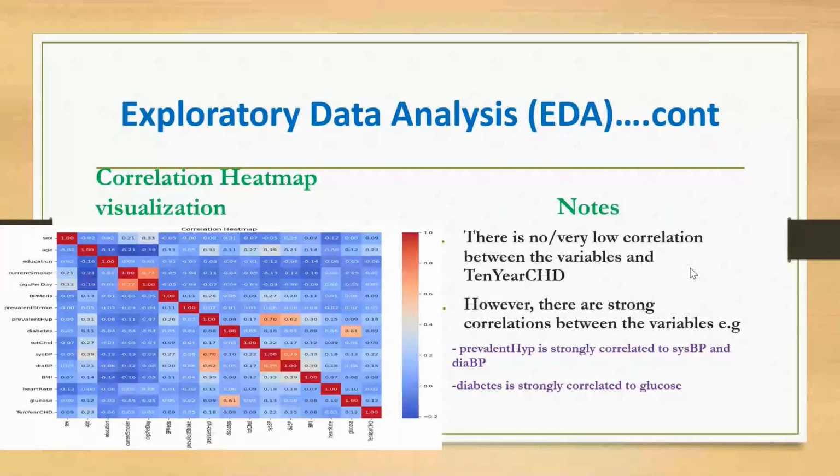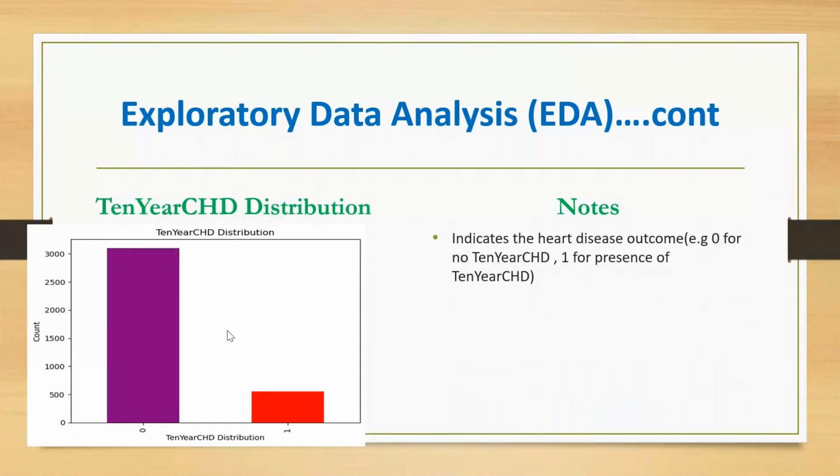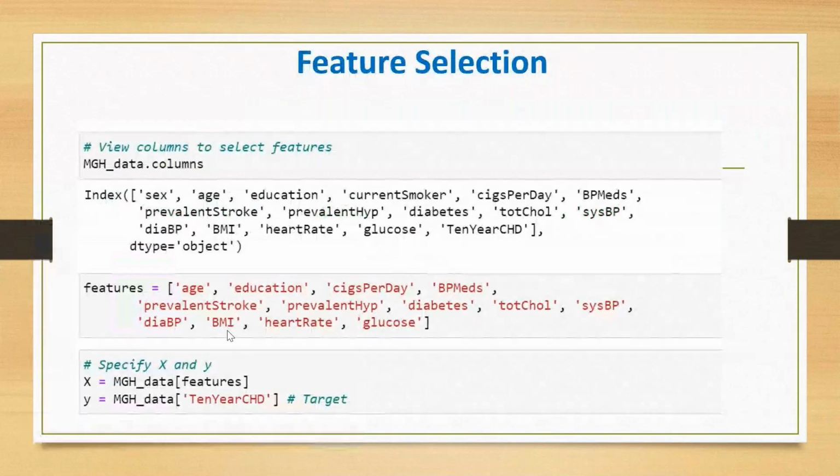But in between the tables, we notice that there are certain variables that are strongly correlated to each other, like hypertension to blood pressure, and diabetes, as well as glucose. And of course, on the distribution of the data, 0 represented no heart disease, and 1 represented presence of heart disease.